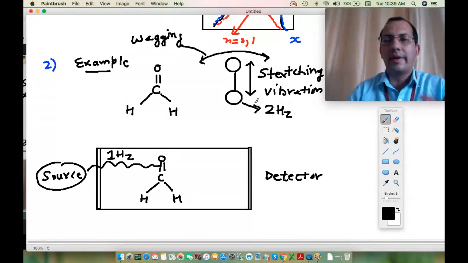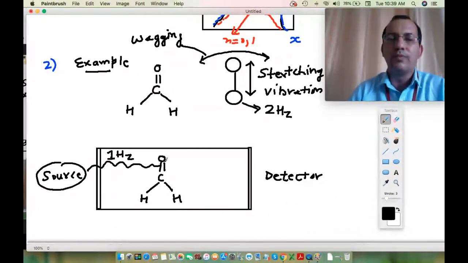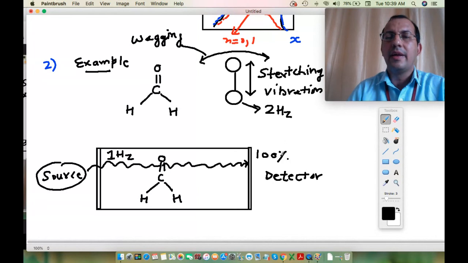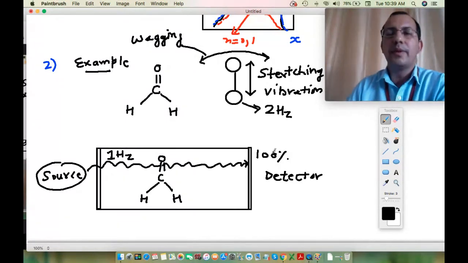It does not absorb any energy at 1 hertz, so all the light coming from the source will go to the detector. If you ask the detector how much light is there when I have thrown 1 hertz light, it will say 100%. Nothing is being absorbed by the molecule.